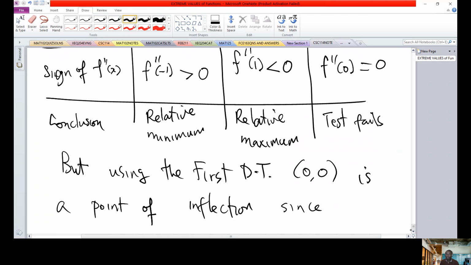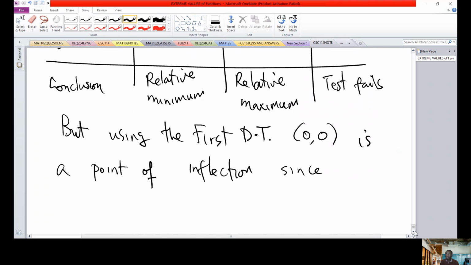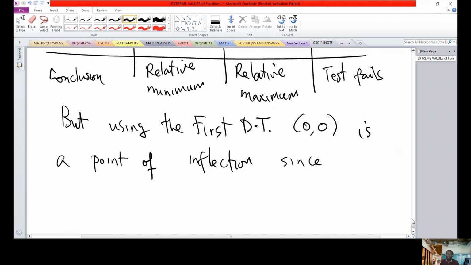Since from the first derivative you can actually test. So if you say this 0, then pick a value like negative 0.5 and 0.5.